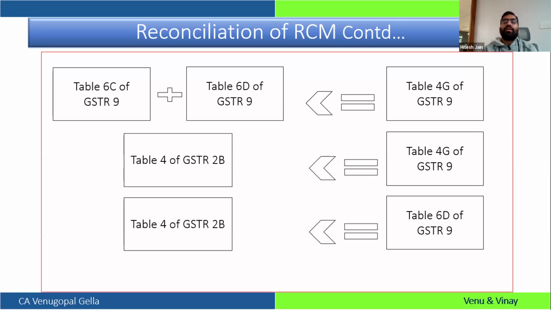Also, my table 4 of GSTR 2B should be less than or equal to table 6G of GSTR 9. Table 6G of GSTR 9 is basically the ITC from registered persons on which tax has been paid on reverse charge basis.